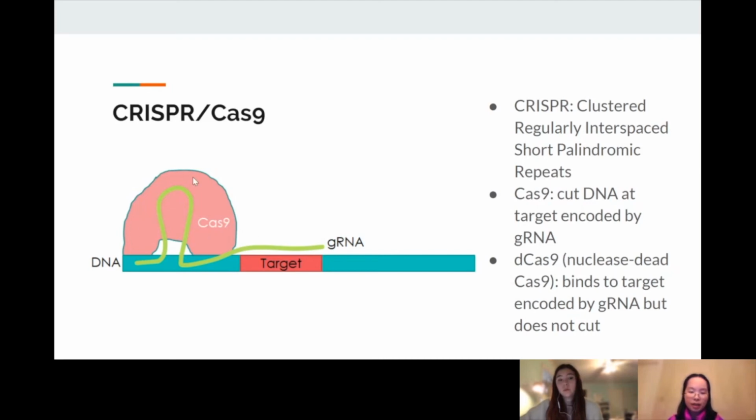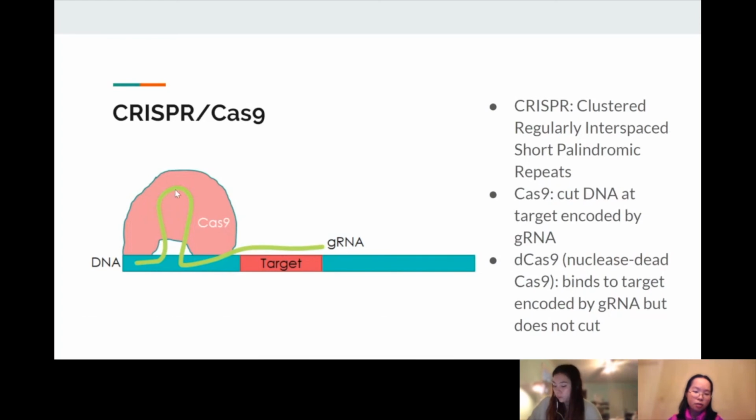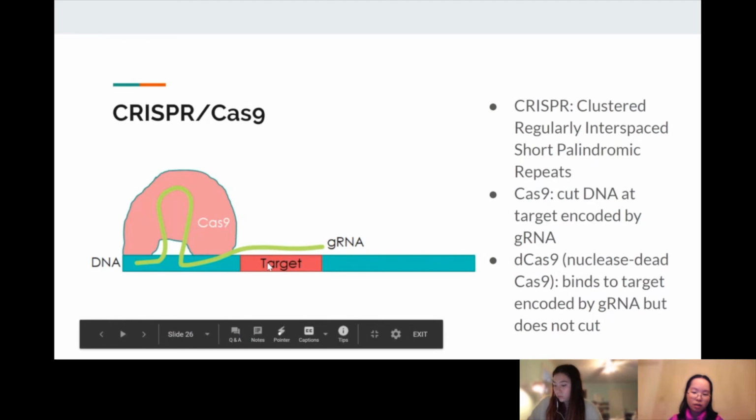Cas9 is a protein, an enzyme, that cuts DNA at a target that is encoded by a guide RNA. The guide RNA loops into the Cas9 protein, but also matches with the specific DNA target, so it can cut here.